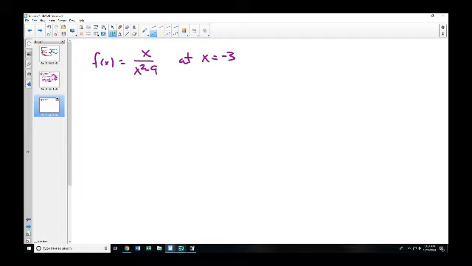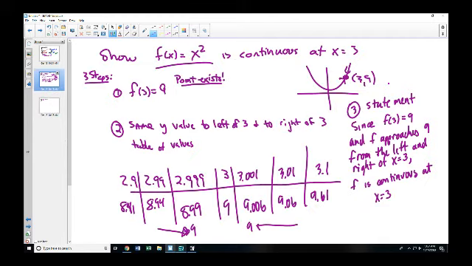Is it continuous at x equals -3? Why? Because the denominator is 0. So how do we say that continuity, what step did it violate? Yeah, step 1. So we need to plug in -3 and show it gives us something that doesn't exist, right?